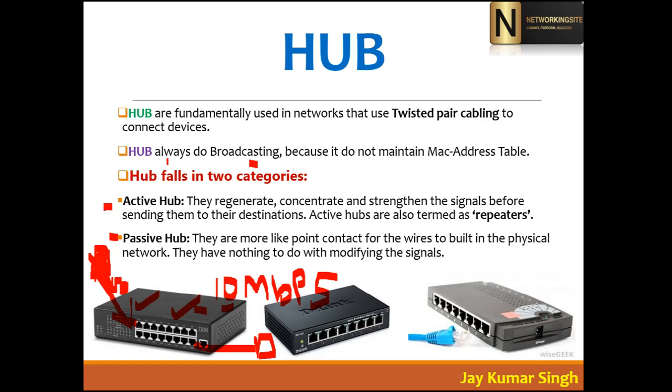Okay, now let's understand active hub and passive hub. So what is an active hub? Suppose this is my PC, and it is connected very far, around 500 meters from my hub.